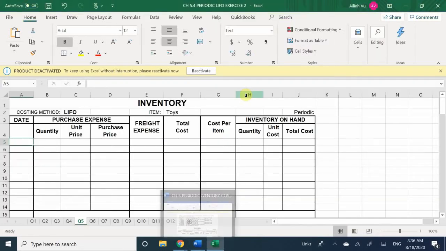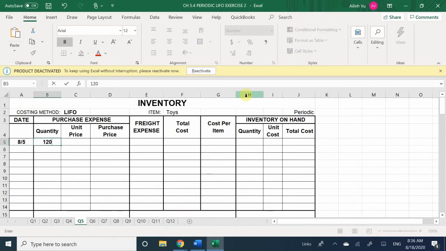And this was on August 5th. We add them together, we get 1,250. What is my cost per item?